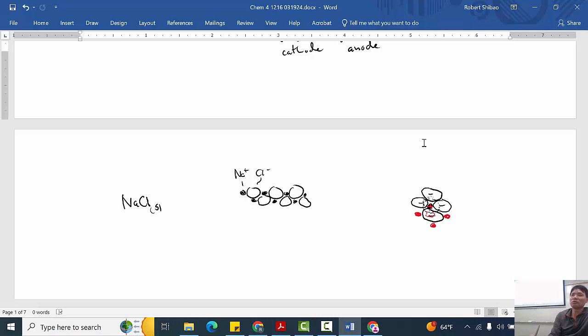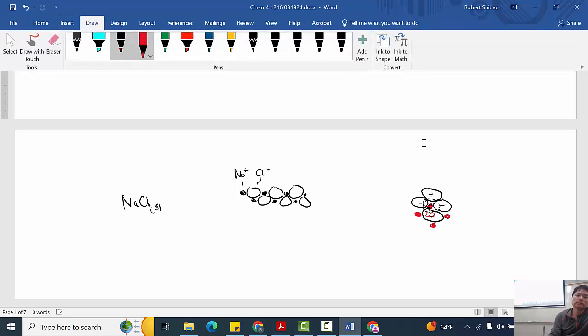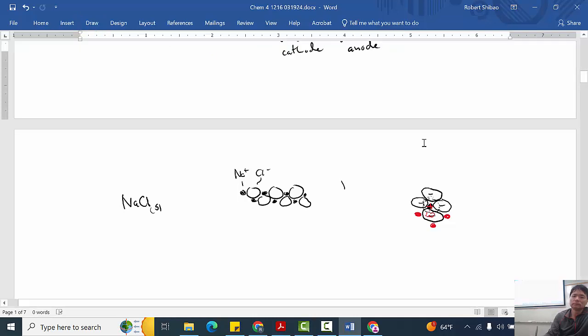In other words, it's a 1-to-1 ratio. Empirically, it's a 1-to-1 ratio. And so this is the lattice structure, versus a molecular structure.